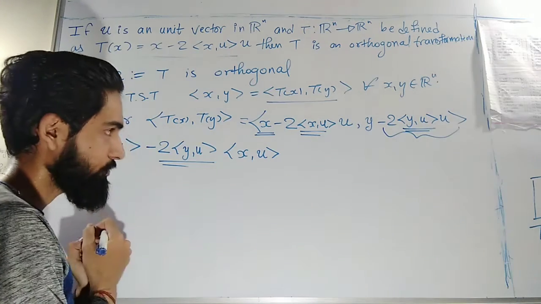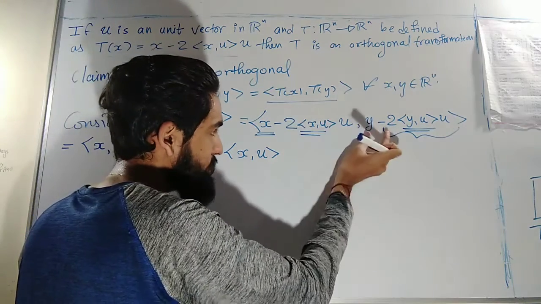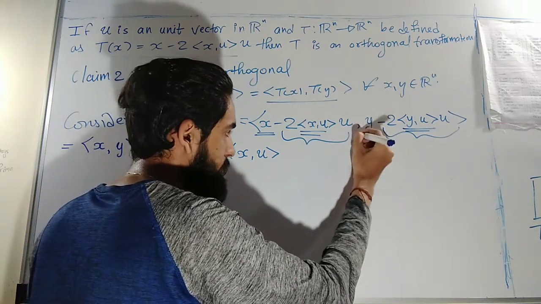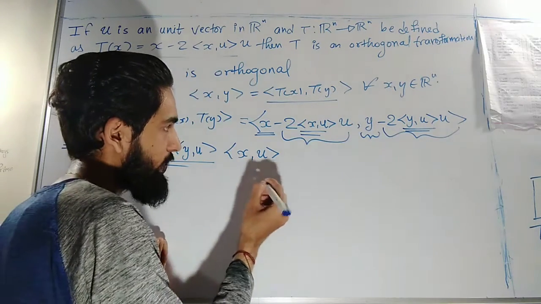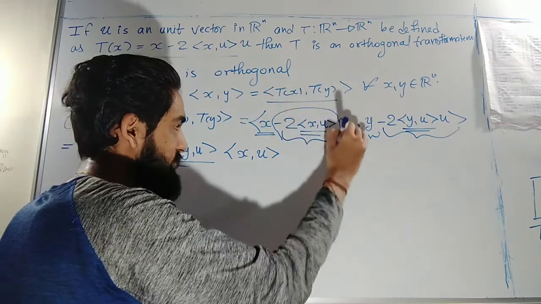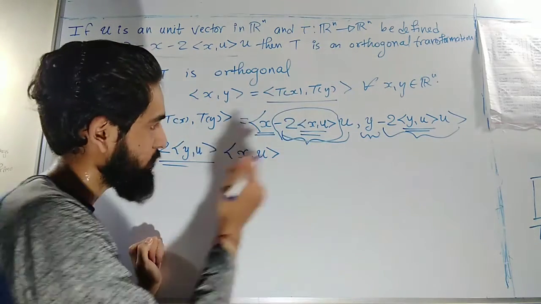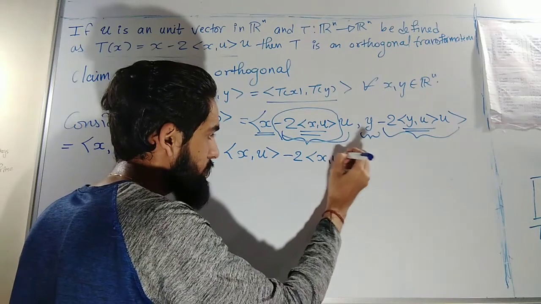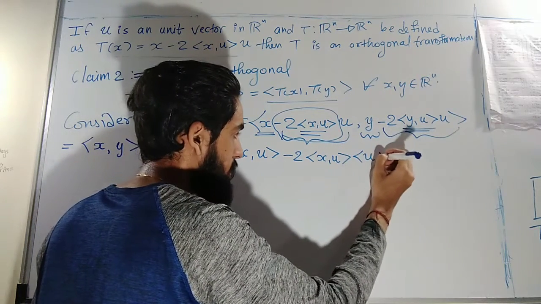Now I'll consider the second term with the first. Again, if I consider the second term inner product with the first, this part is nothing but a scalar. I will take it outside. Minus 2 times inner product of x, u, inner product u comma y.